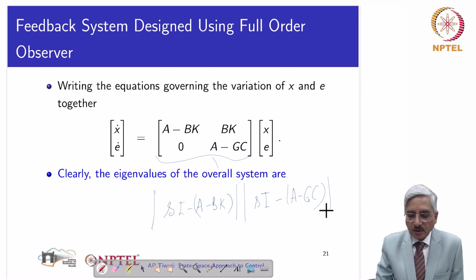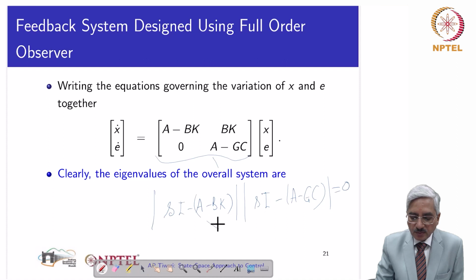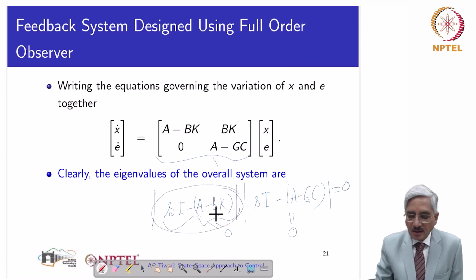Because this is upper triangular, it gets this form. And that is why if this has to be 0, this has to be 0 and this has to be 0 separately.